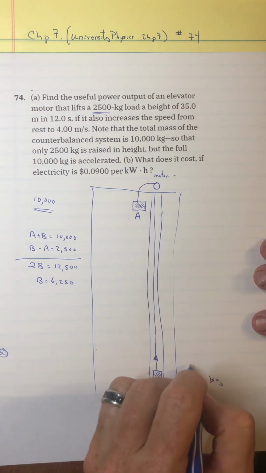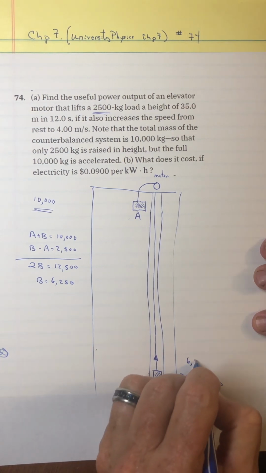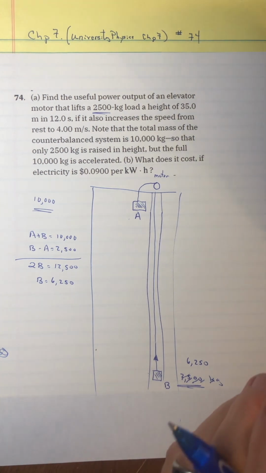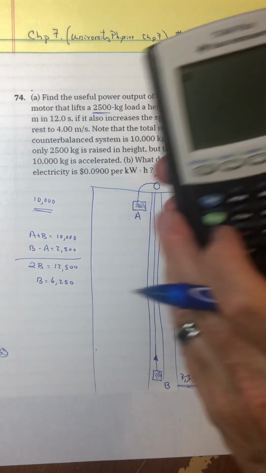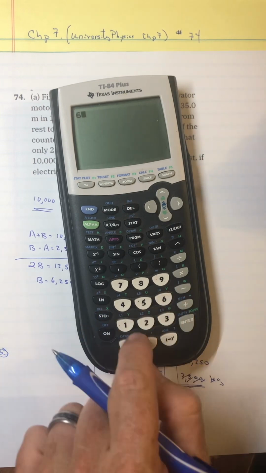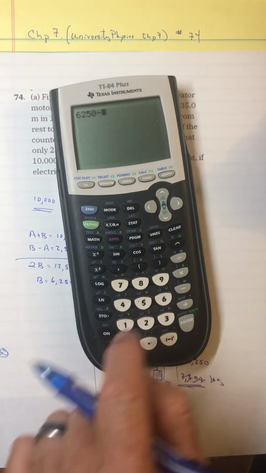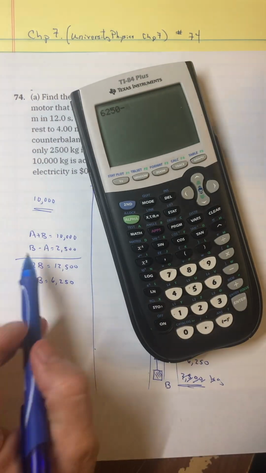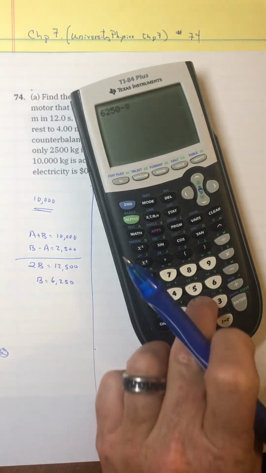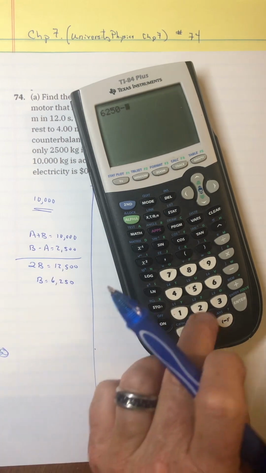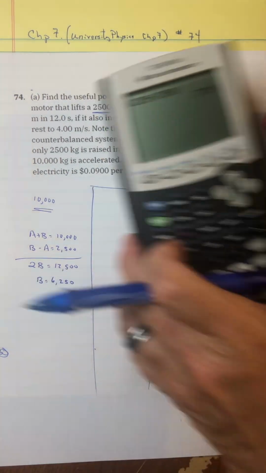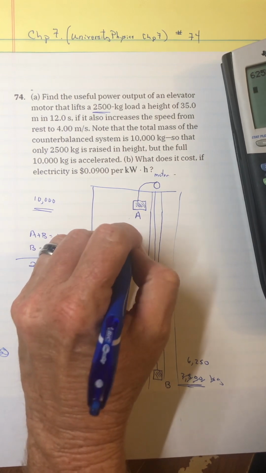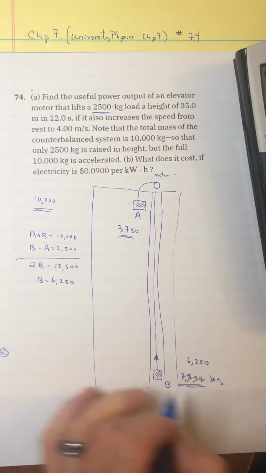So we're really saying this one down here is 6,250. And let's see, what do I get when I take 6,250 and subtract the 2,500? That'd be B minus 2,500 to get A, this would be 3,750. Now, we don't have to do all this work.